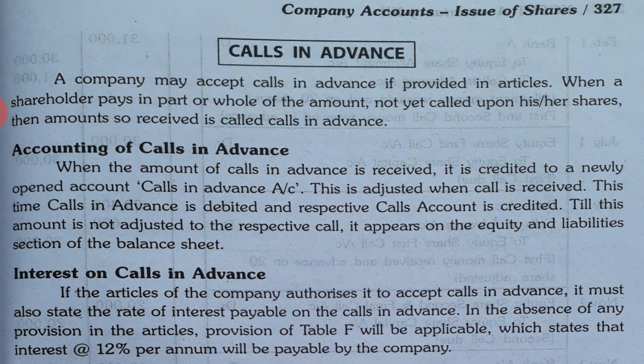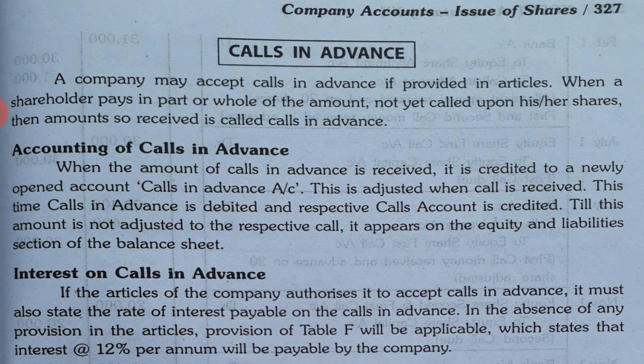Second, when an amount is not paid, the company charges interest. Likewise, when an amount is already deposited with the company and the company is not returning it, the company is liable to pay interest of 12% per annum if it is not pre-decided.